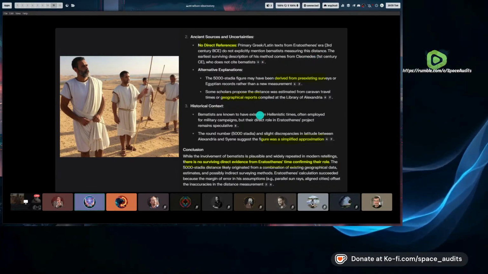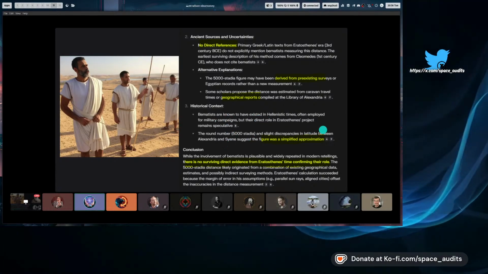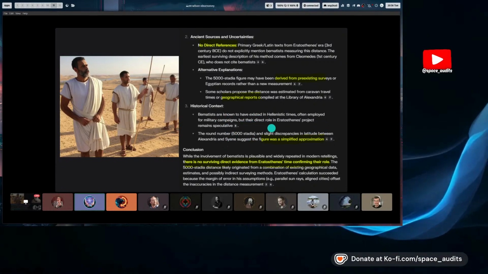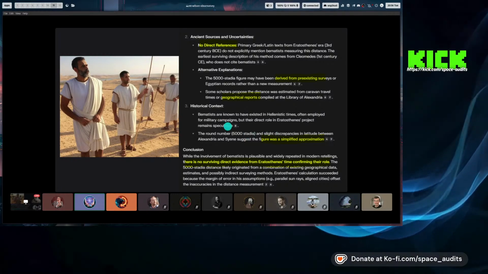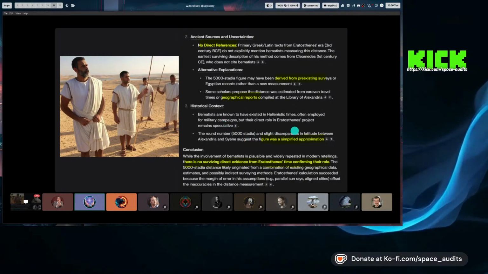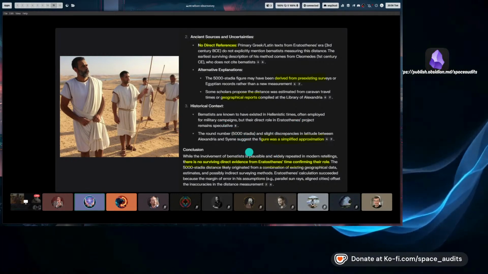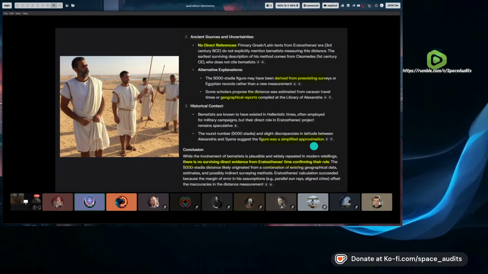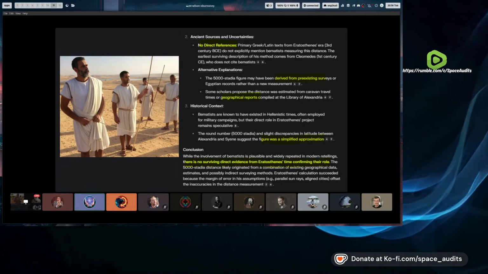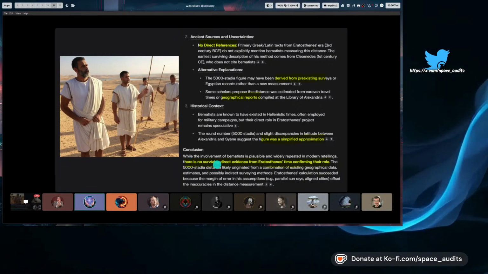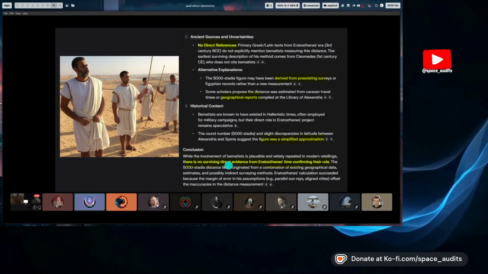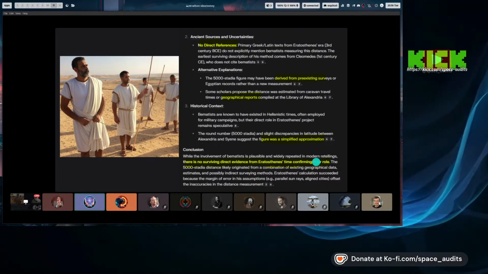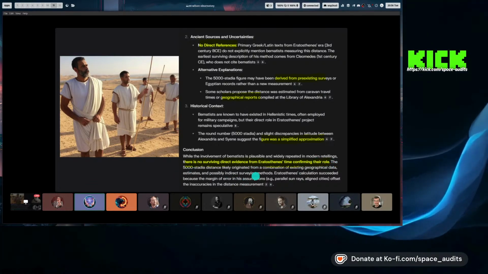So we knew that they existed, so we just assumed that must have been what happened. They said they were often employed for military campaigns, but their direct role remains speculative. The round number and slight discrepancies suggest the figure was a simplified known approximation. Well, no way. So the actual conclusion is that the Bematist involvement is plausible. It's widely repeated. There's no actual evidence that this happened.